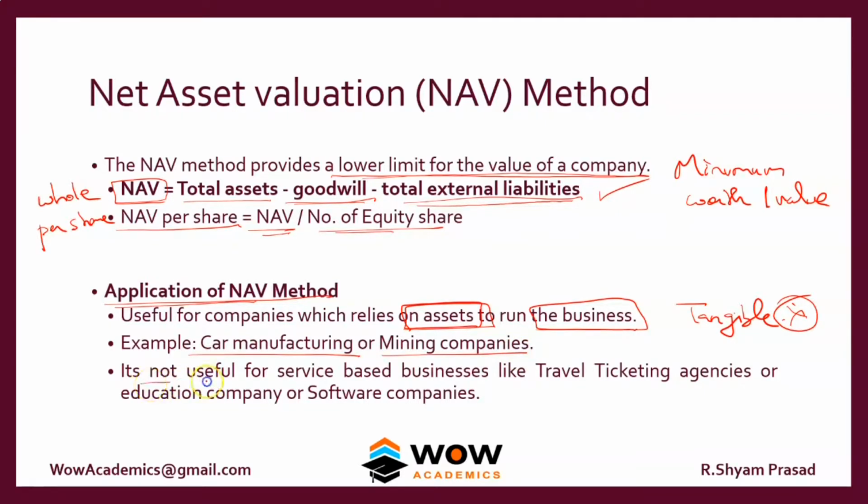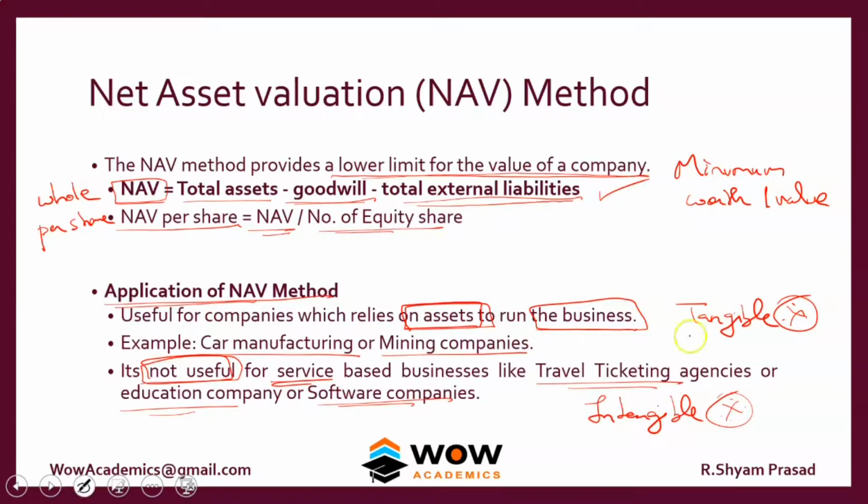This method is not useful for a service company such as a travel and ticketing agency, an education company or a software company, because for these companies the intangible assets are more. So we can't use the net asset valuation method. Even if you use it, the value will be very absurd. So this method can be used for a company which relies heavily on tangible assets.